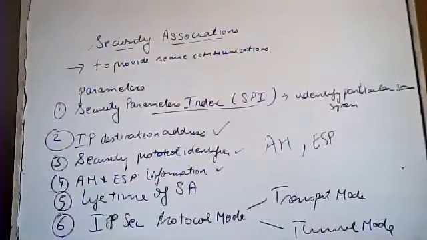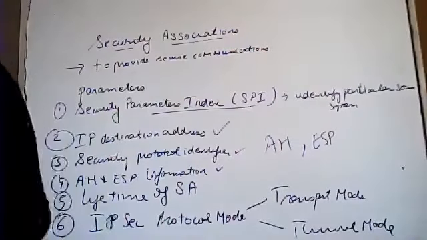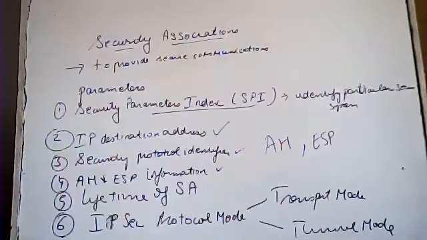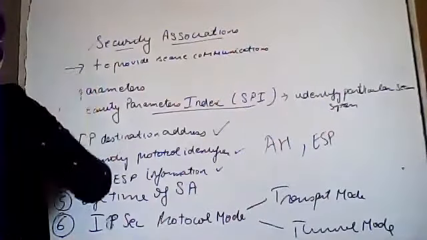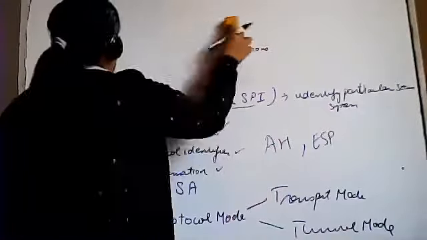Okay, next is what we are having after this particular security association. Let me tell you what the different modes of this are. We have the IPsec protocol modes: the transport mode and the tunnel mode.